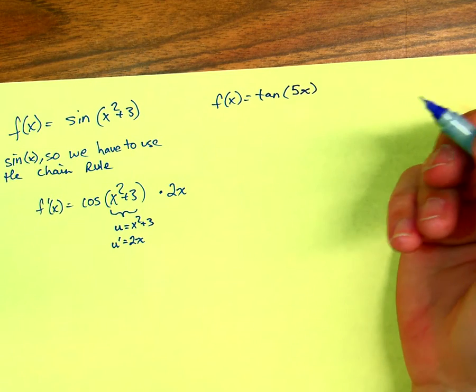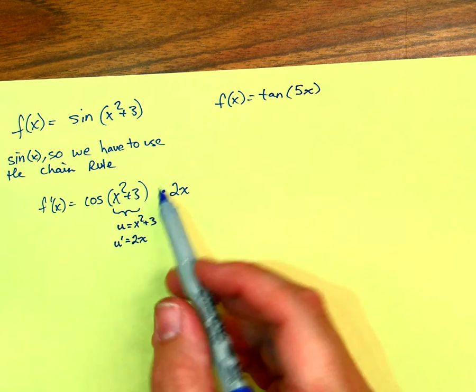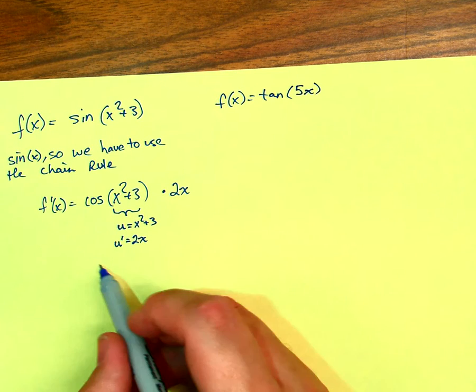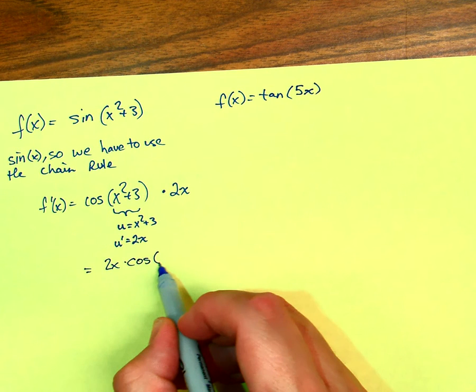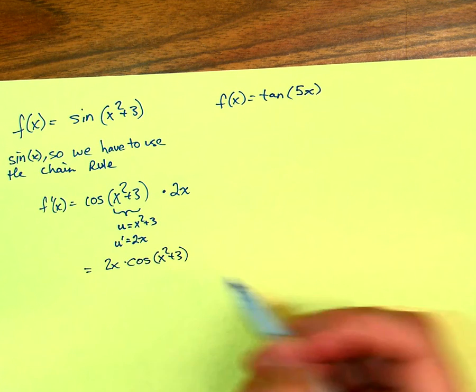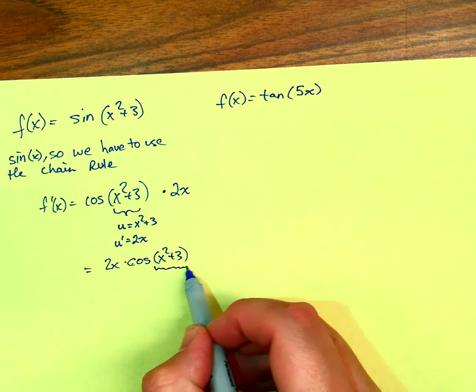Just remember, once you get the cosine of an angle, you can't touch the angle. So don't multiply the 2x and don't distribute that into there.